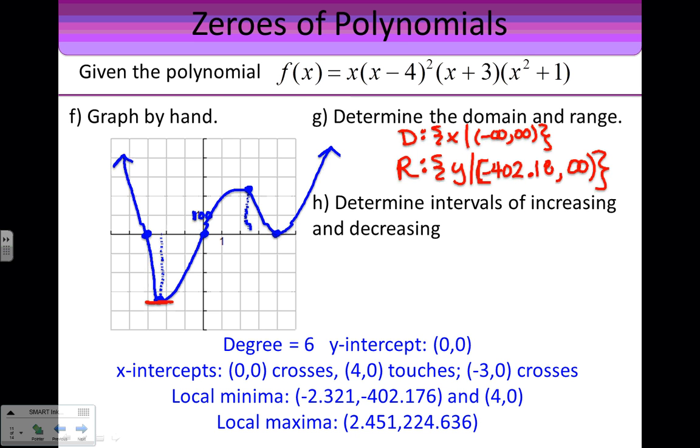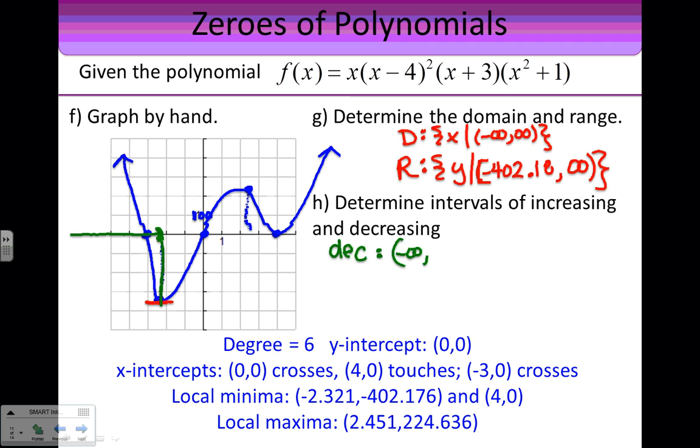Our graph is going to be decreasing from negative infinity up to this point right here, which is when it stops decreasing.